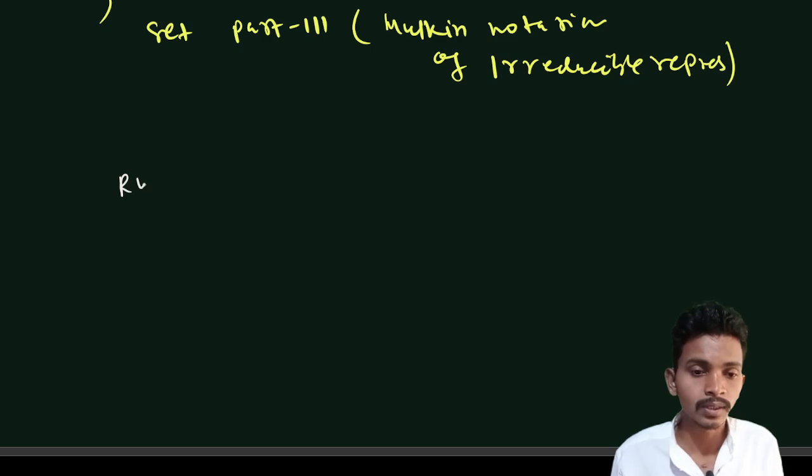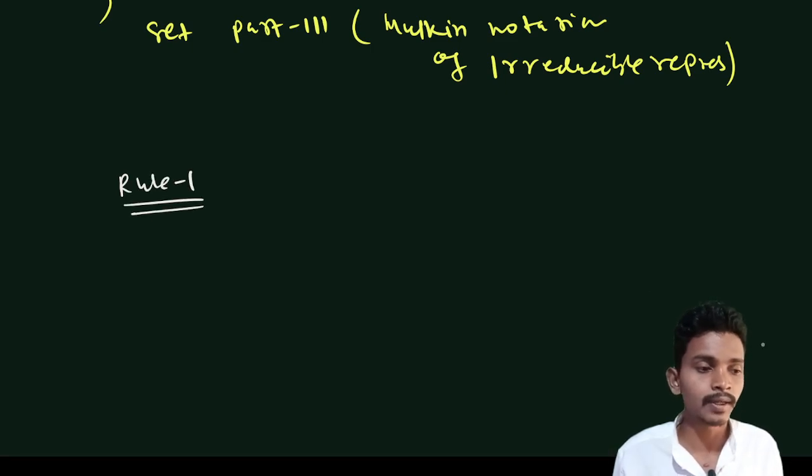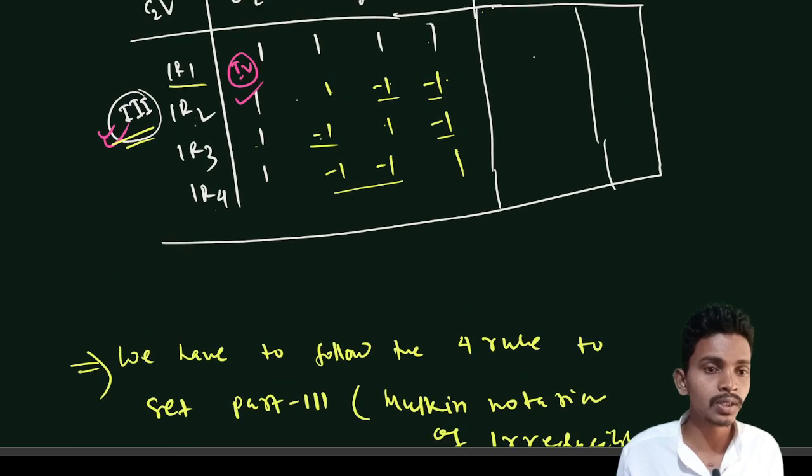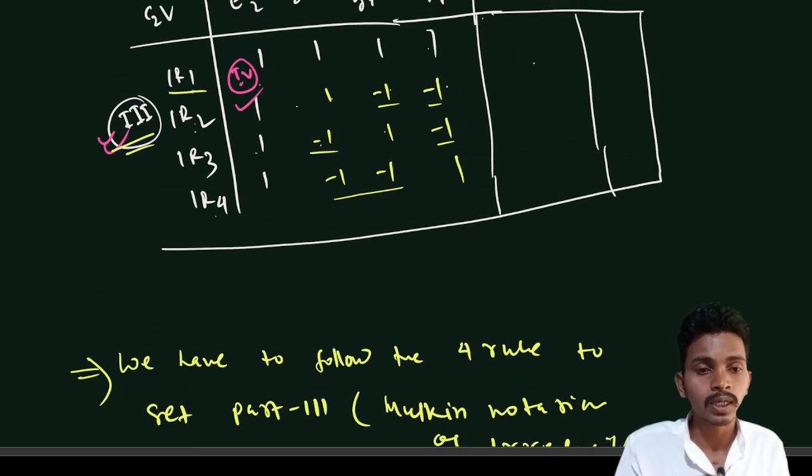So rule 1, what it says: we will use part 4 to calculate part 1.